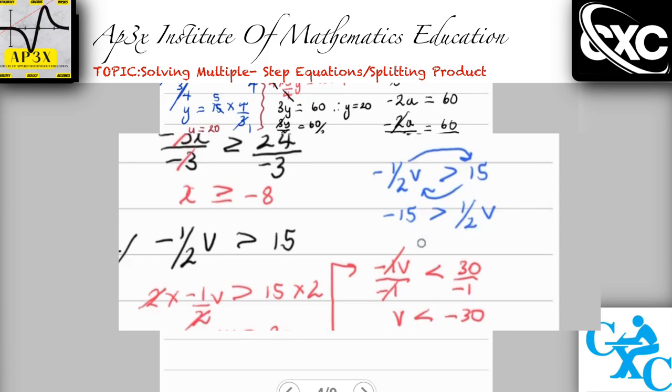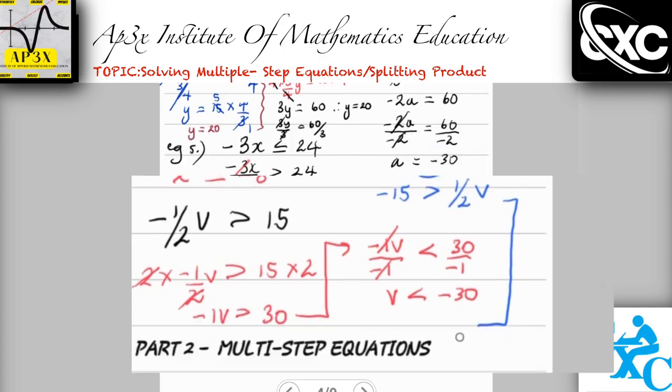Let's take the remaining solution down to this section here. We multiply both sides by 2: negative 15 multiplied by 2 is greater than or equal to 2 multiplied by a half v.